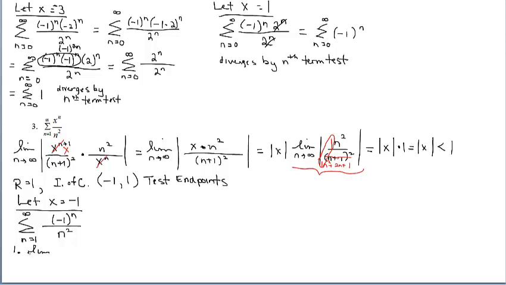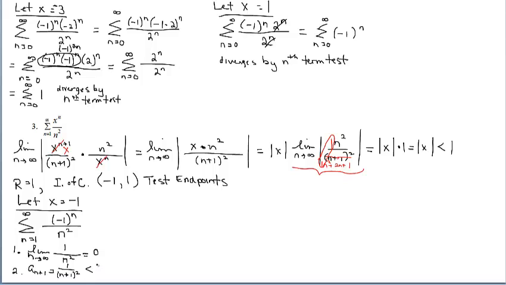The first condition is, let's look at the limit of the nth term. Right, so we're looking at 1 over n squared. Yes, that does equal 0, so we can continue with the AST test. So let's look at the term a sub n plus 1, which would be to take n and replace it with n plus 1.